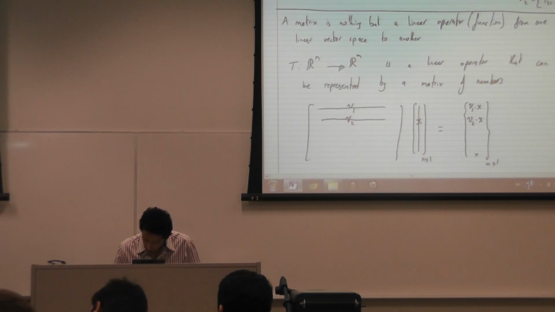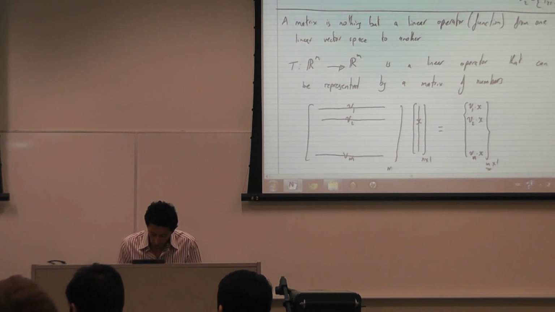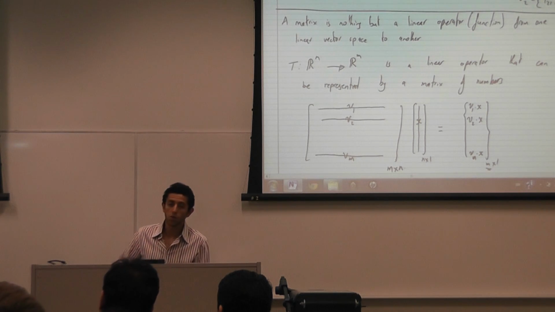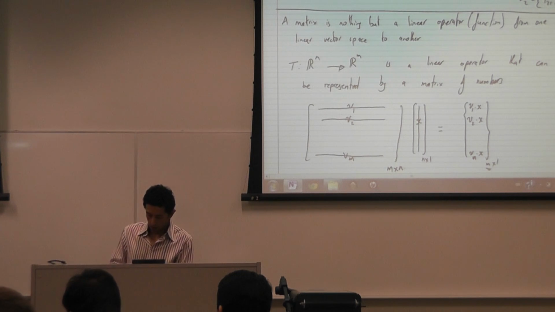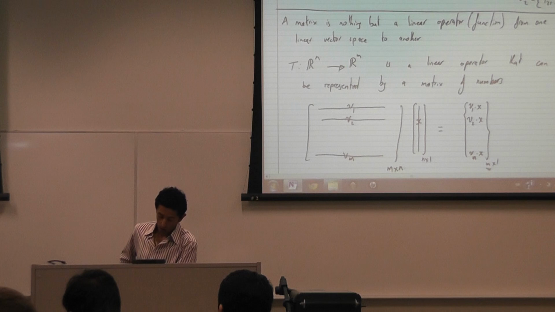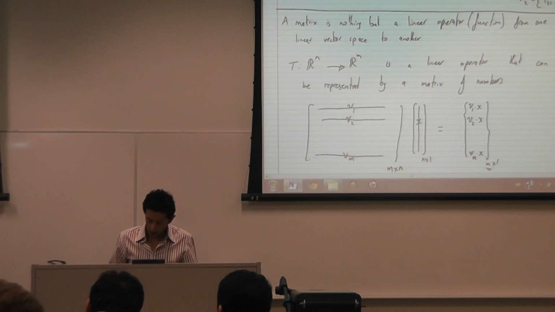And the m-th component is equal to vm dot x, where this is vm. And that's why this matrix will be equal to m rows multiplied by n columns. And because of that linear operation, everything here is linear.